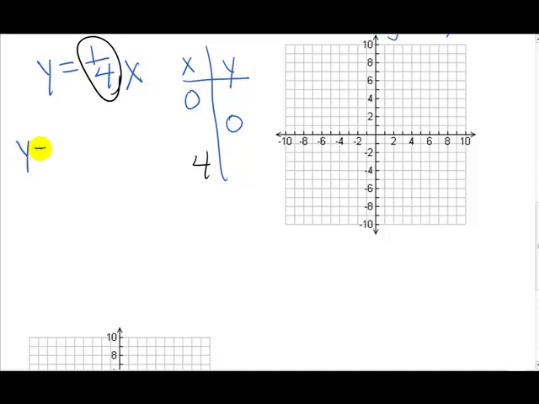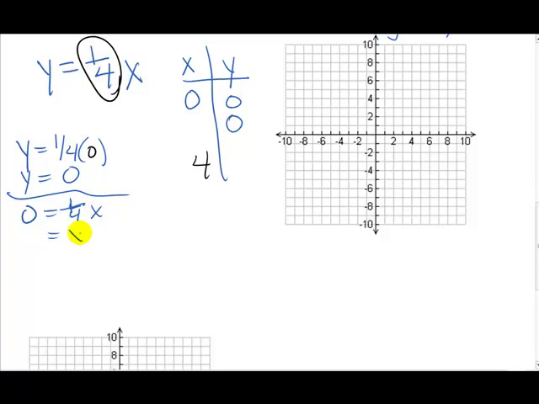So we've got y equals 1/4 times x, and we'll put in 0. Y equals 0. So if it's 0, then x is going to equal 0.